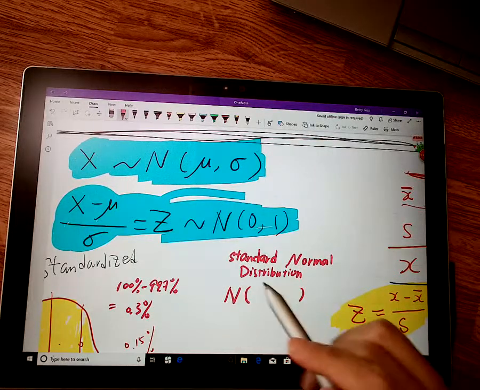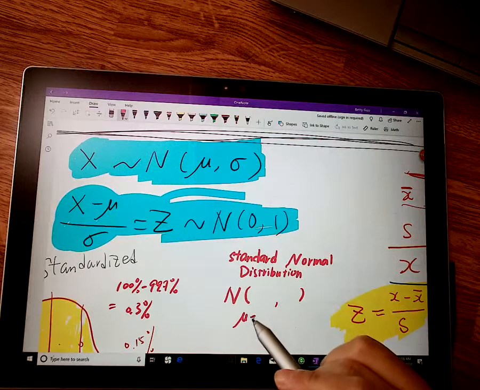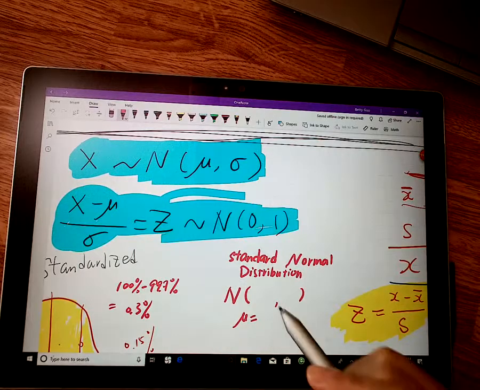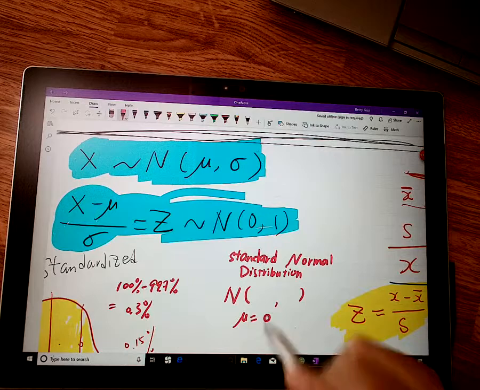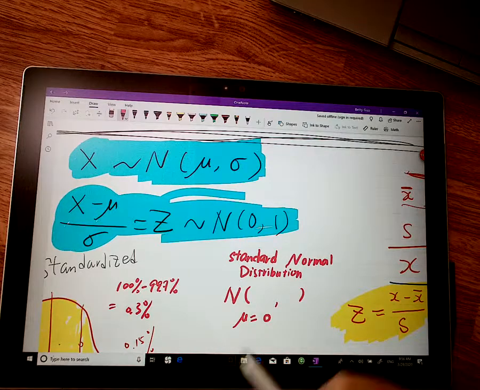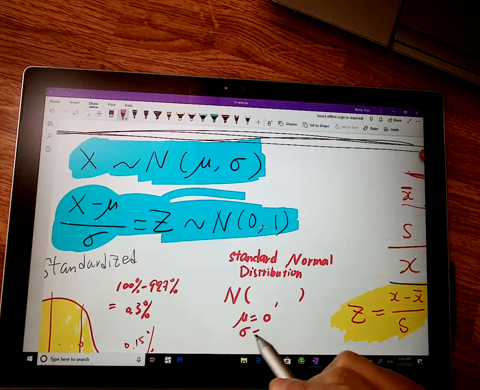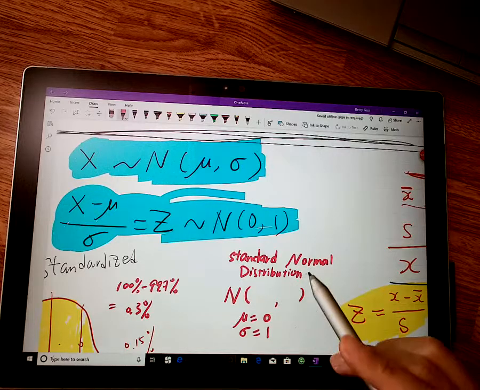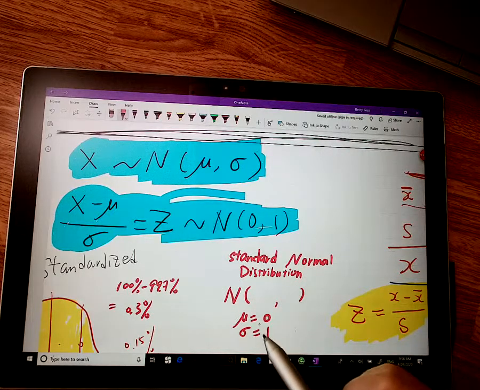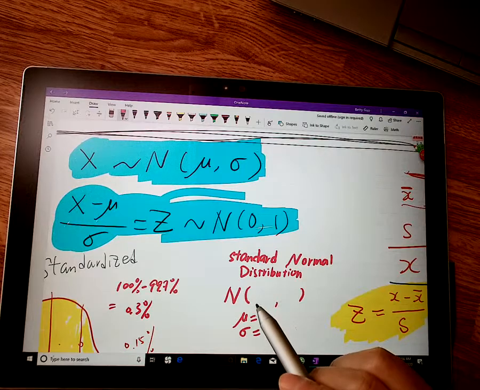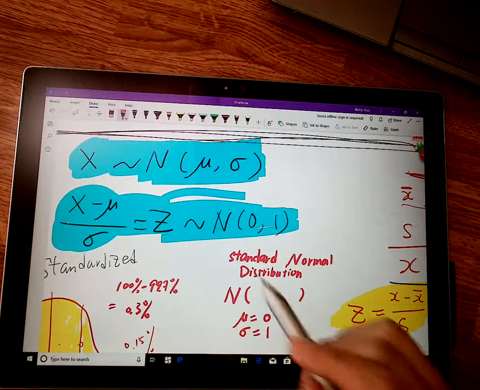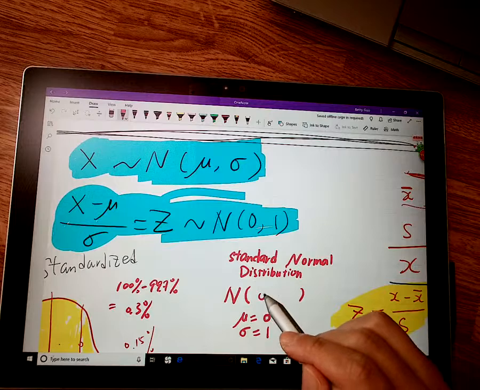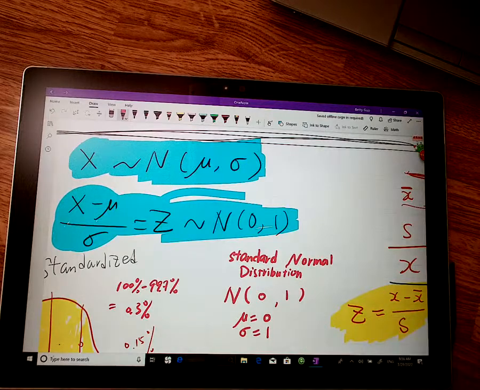If the center or the mean of the normal distribution happens to be 0, the origin, and the standard deviation happens to be 1, that's special, right? Because those numbers are so convenient. Then the normal distribution is called a standard normal distribution. The notation for standard normal distribution is N(0, 1).